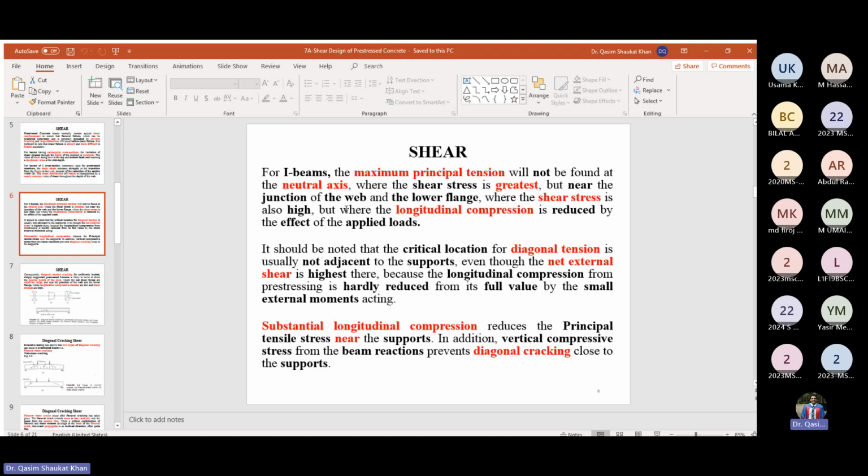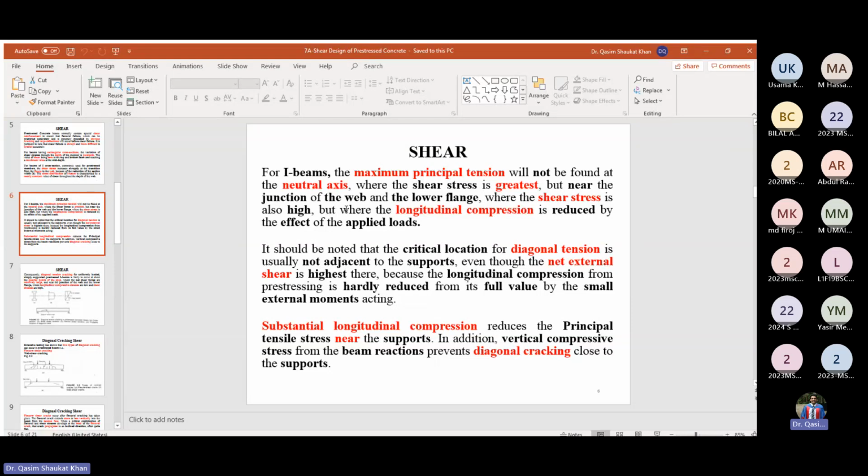At the neutral axis, the shear stress is greatest, but near the junction of the web and the lower flange, the shear stress will also be high. Why? Because at the junction, the width will be equal to the width of the web. And as we move from that junction to the lower part of the flange, the width will increase, and the shear stress will reduce.